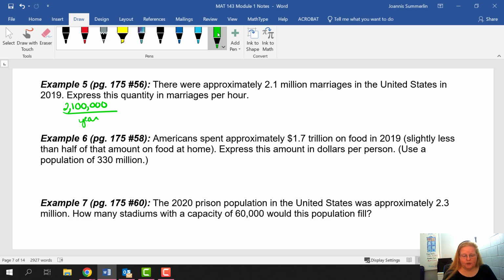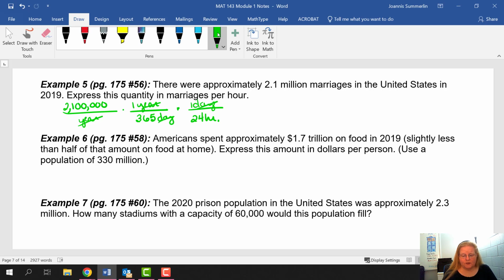What do we know about years? Well, 1 year is 365 days. What do we know about days? 1 day is 24 hours. So my years can cancel out, my days can cancel out.